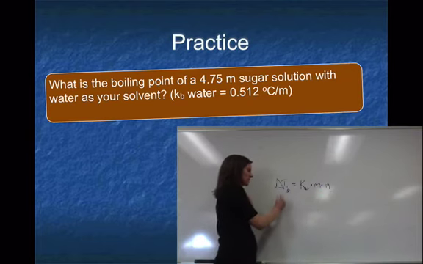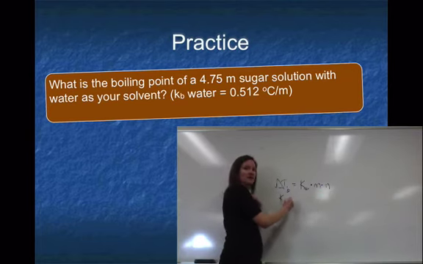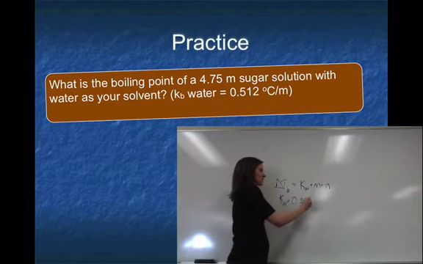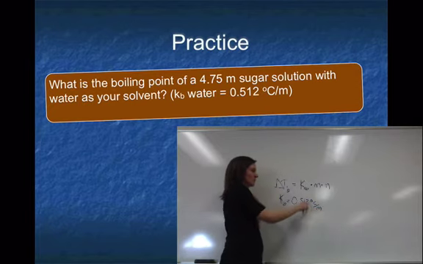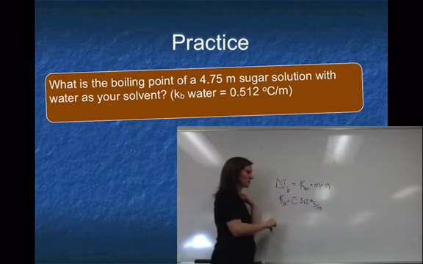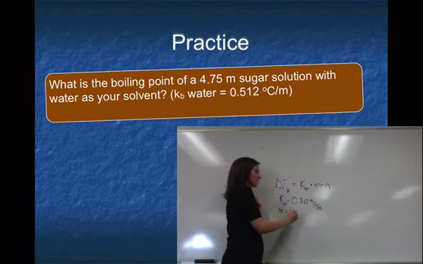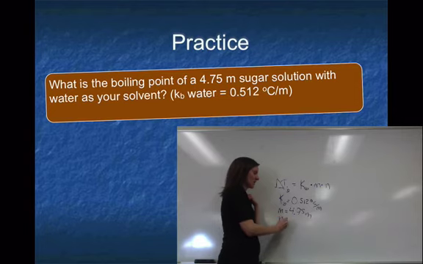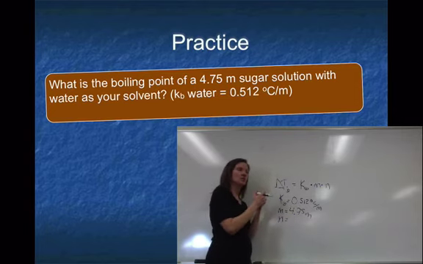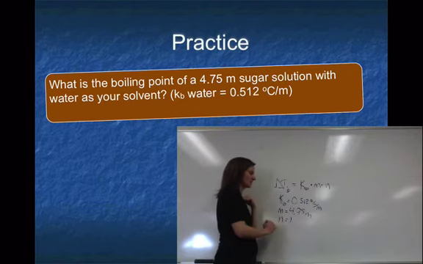For this problem, I give you the constant of 0.512 degrees Celsius per m. Once I multiply those, I'll have degrees Celsius left over, which is awesome. My molality as given in this problem is 4.75 m. And then for my N, I have to figure out how much the sugar dissociates into. Because it's a polar molecule, it doesn't ionize, so it's just 1.